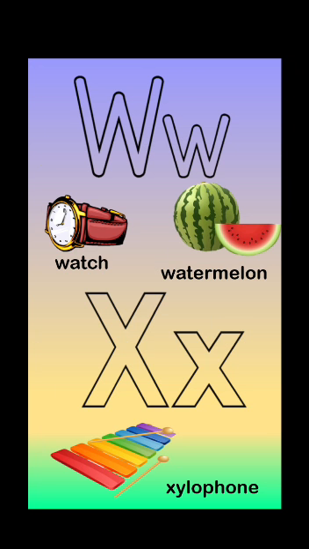The next letter is letter W. Which letter is this? W. And what is the sound of W? The sound of W is W. W for watch. W for watermelon.